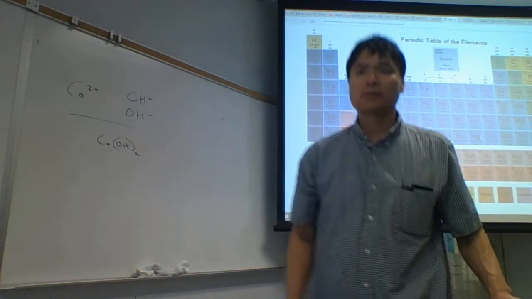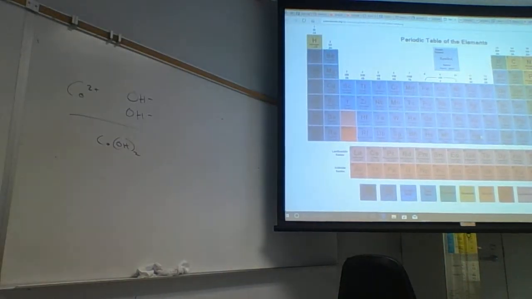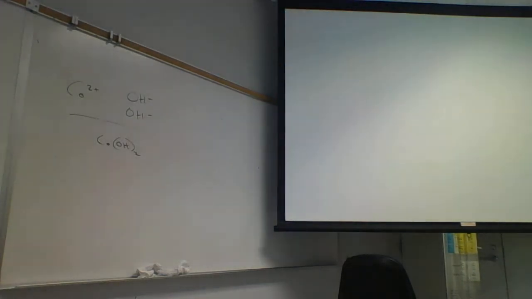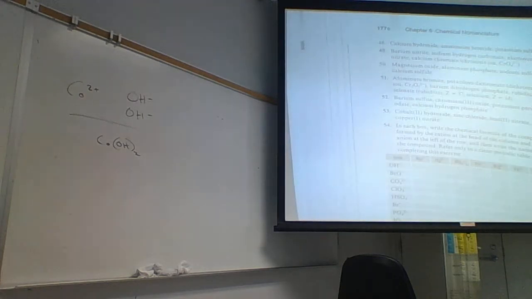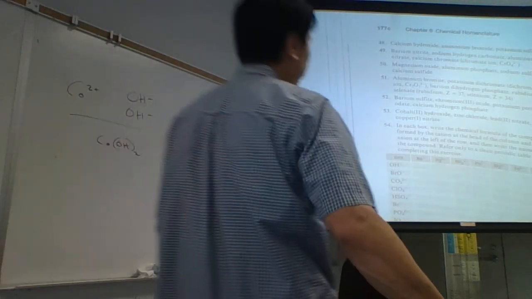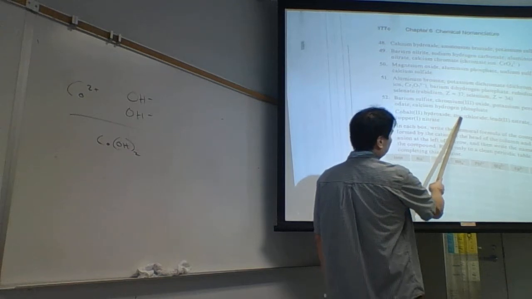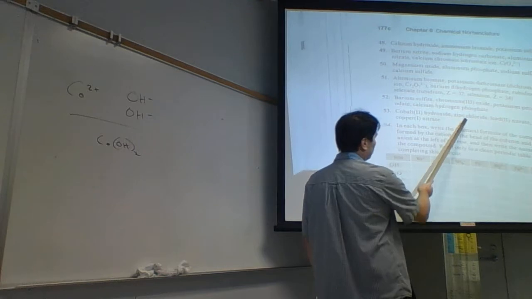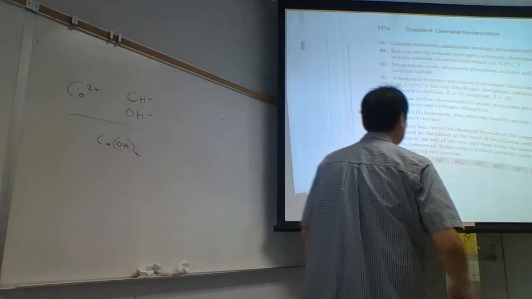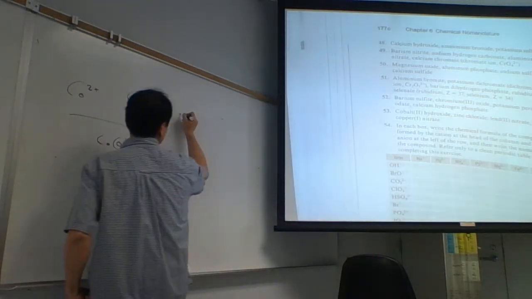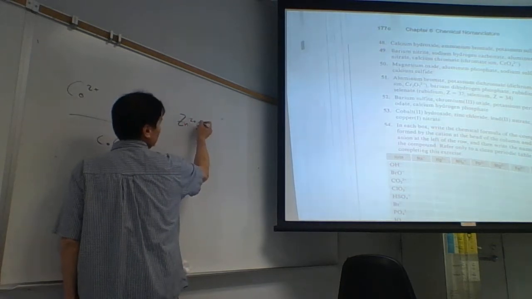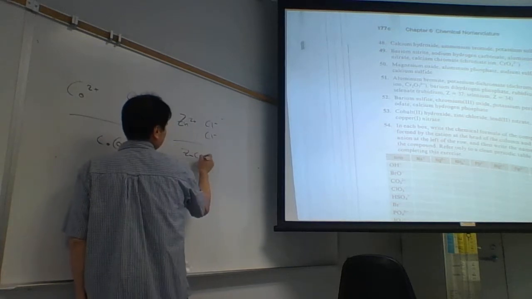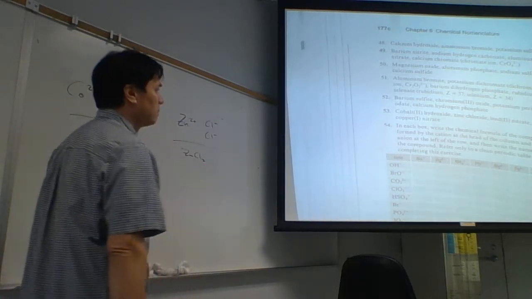You memorized it. Also, did they give a Roman numeral? They didn't give a Roman numeral, so this is fixed charge. This is variable charge, variable charge, variable charge. So we have one fixed charge in this series, that's zinc. The charge on zinc is 2 plus. Then we have chloride, Cl minus, so this is just ZnCl2, zinc chloride.